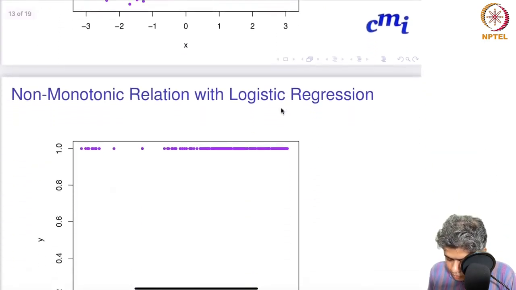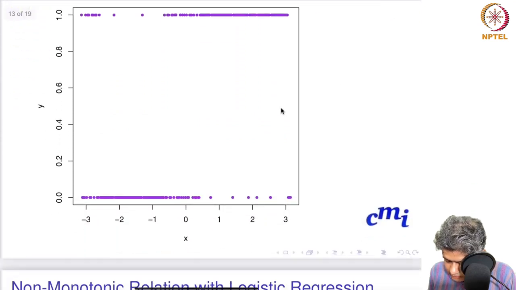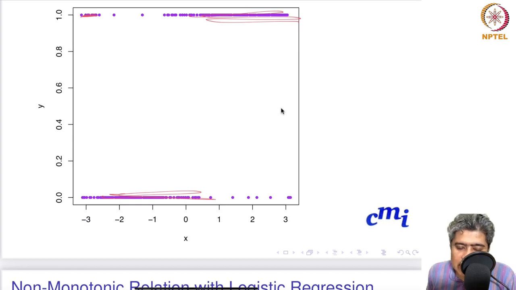Now from Z we simulate the Y's, and when we plot, that is how it looks. We had some values here, then a bunch of values here, and then lots of values here, because all values of Z are converted into Y as either 0 or 1. That is all.